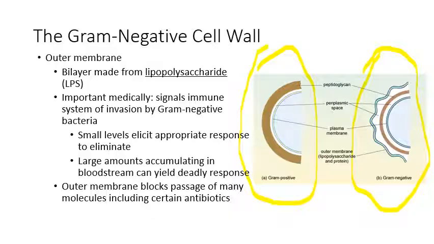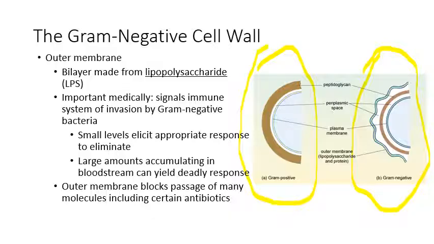The simple answer is that a lot of antibiotics use these differences in cell walls to attack the bacteria. We have particular antibiotics that work well against gram-positives, and particular antibiotics that work well against gram-negatives. So it's important to know which type of bacterial infection we're dealing with, so we know which type of antibiotic is going to work well.